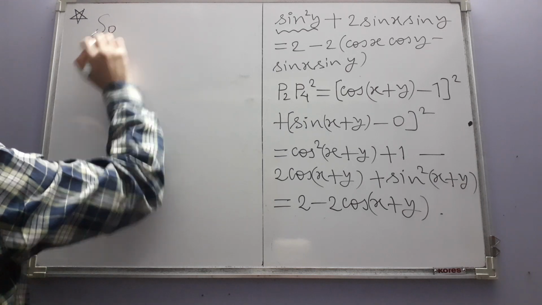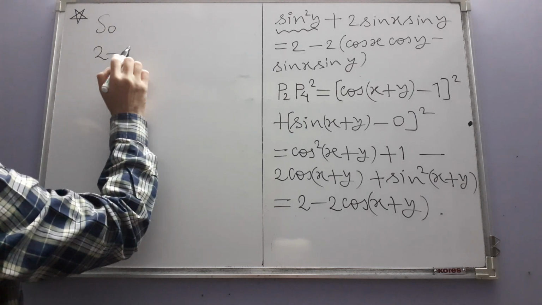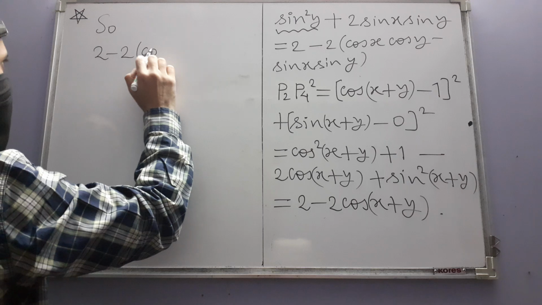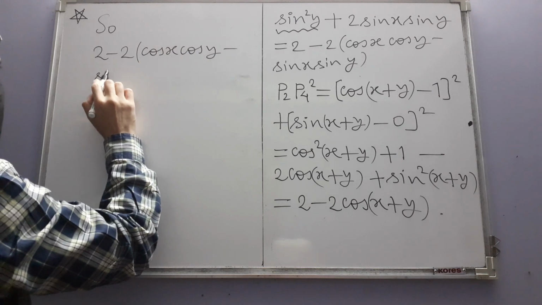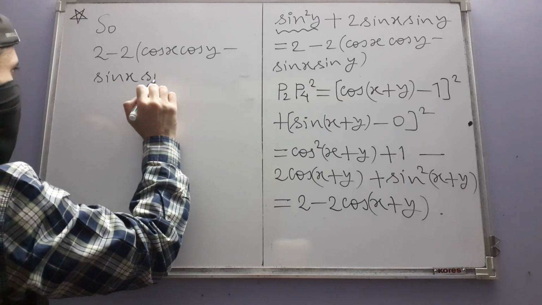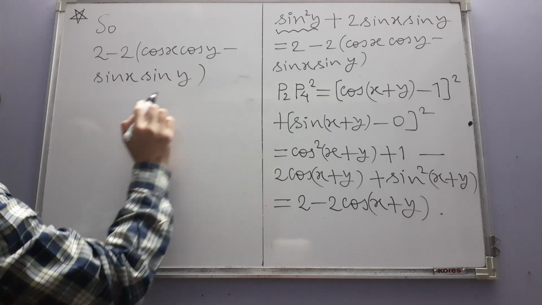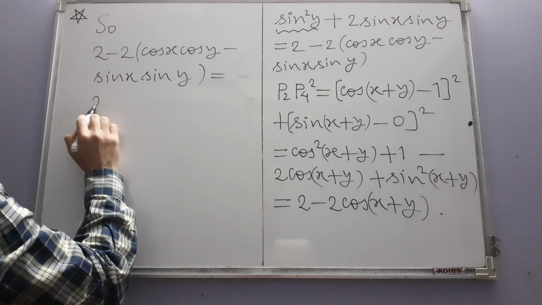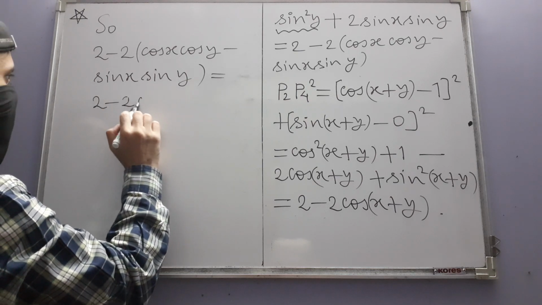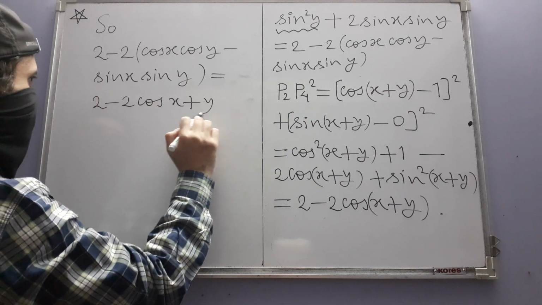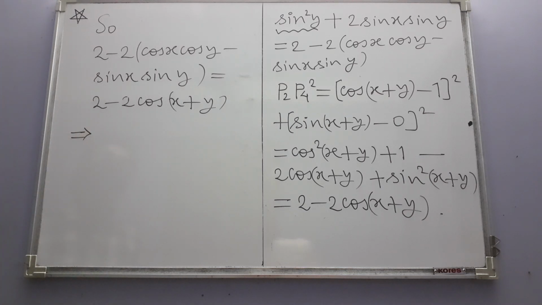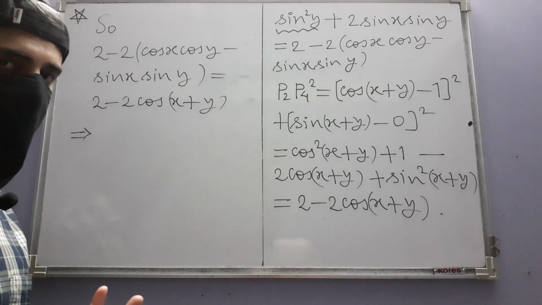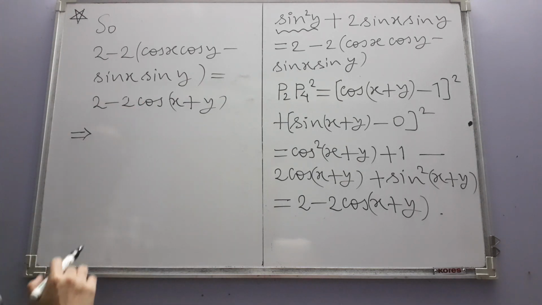So 2 minus 2 times cos x cos y minus sin x sin y is equal to 2 minus 2 times cos of x plus y. And this thing implies, if you do the cancellations, I mean, there will be some steps which you understand, okay. Ultimately, you are going to get this.